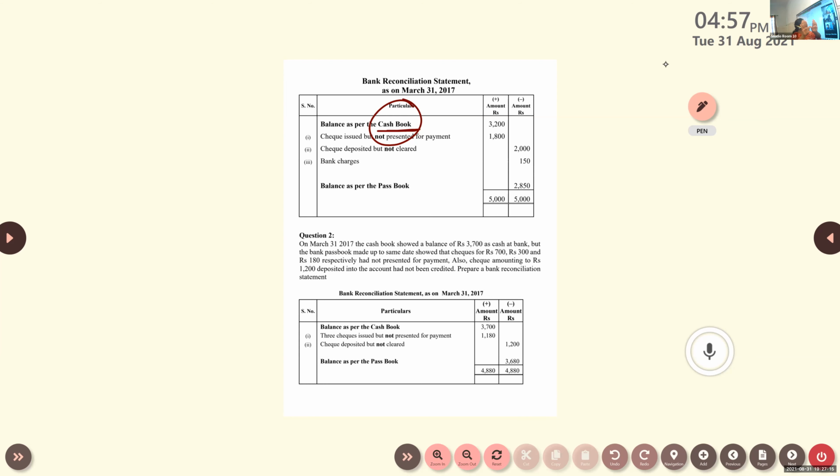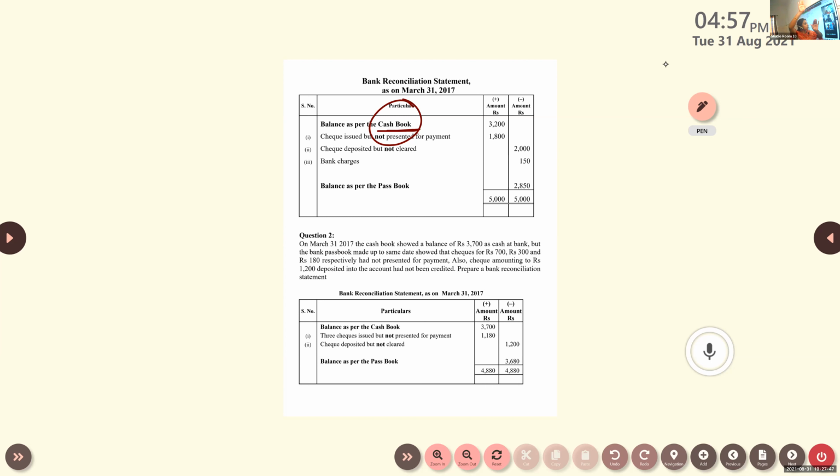Check deposited. That means a check came inside. So the company writes in the double column cash book, my bank balance increased. Check received means I'll get the money someday. When I take the check to the bank, I'll definitely get money. That is our assumption. But where is the passbook?